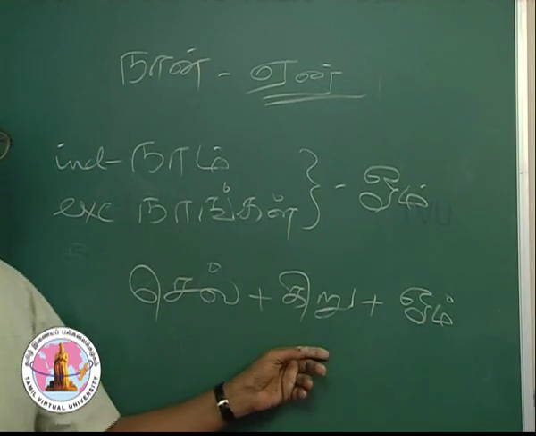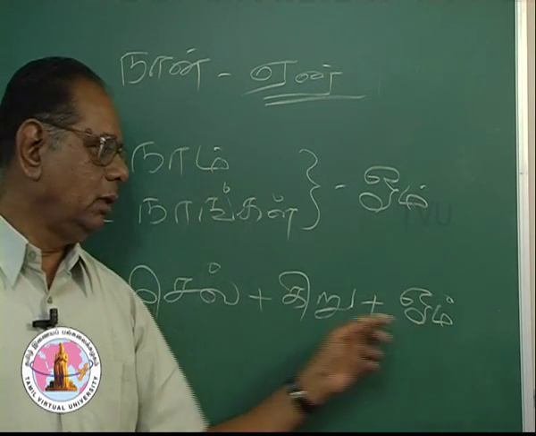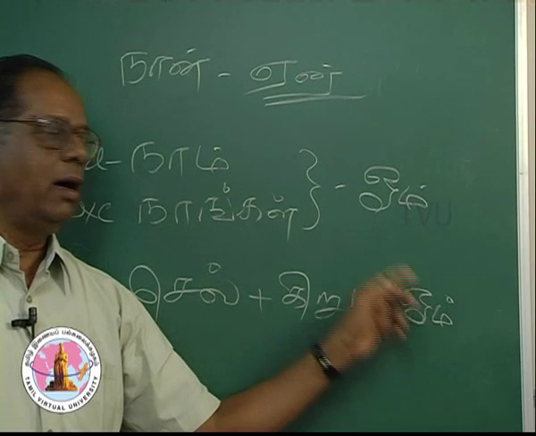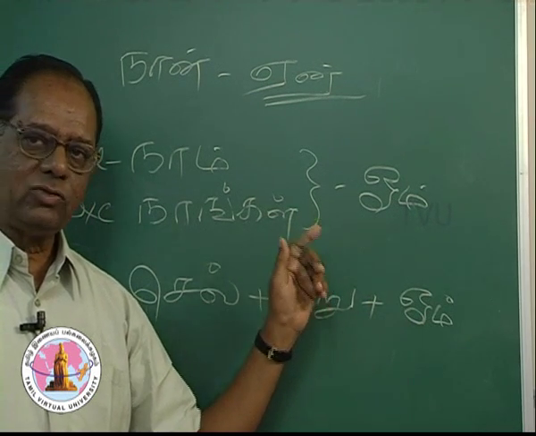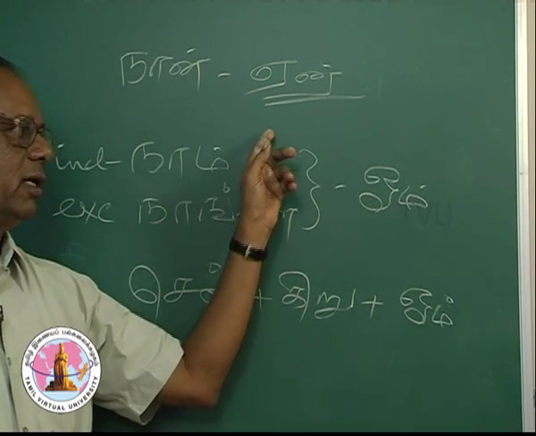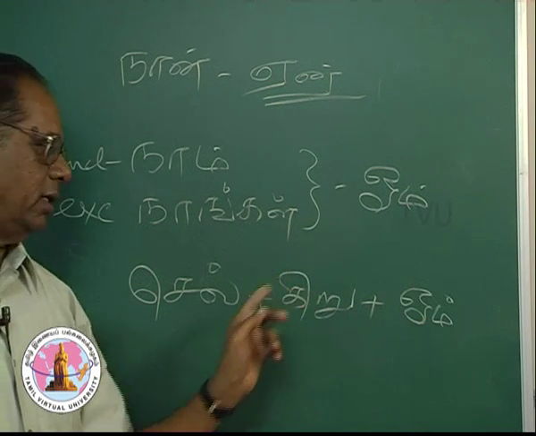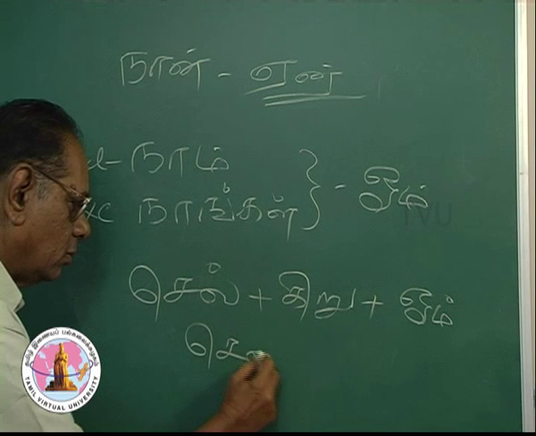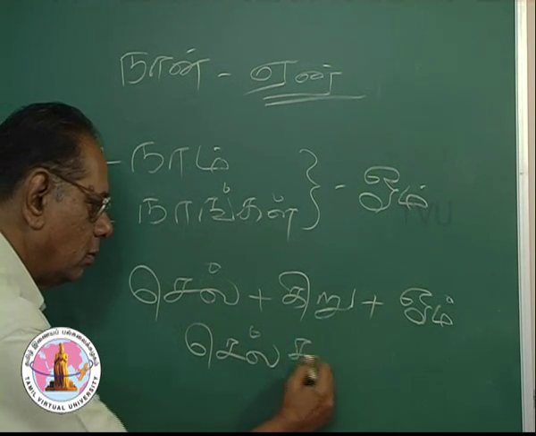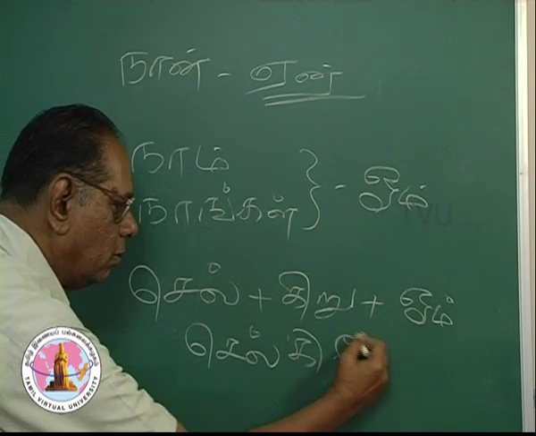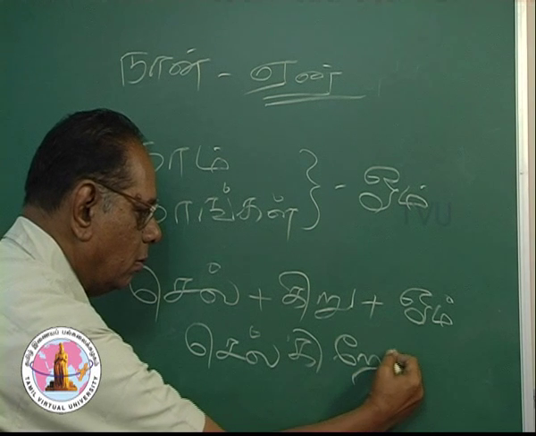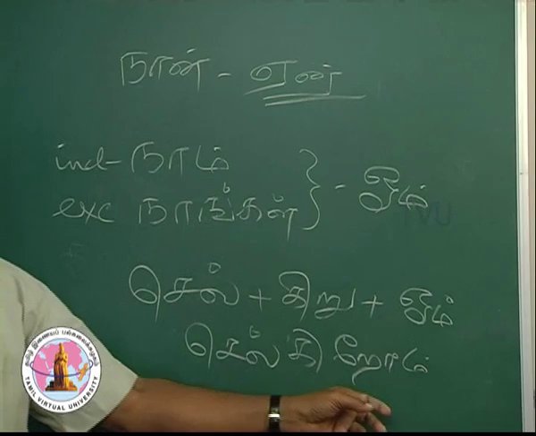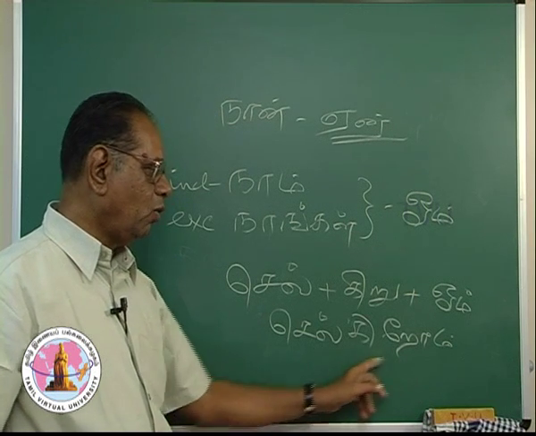Shall, kiru, om. Kiru, present tense marker. Om, personal suffix of first person plural. Shelgirom. You remember all these letters? Shelgirom.